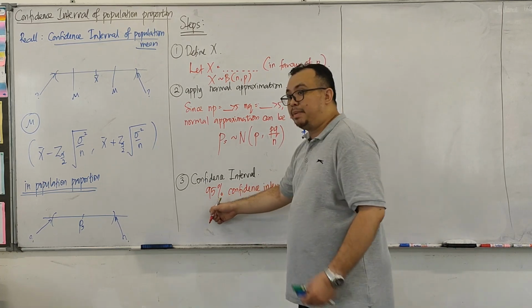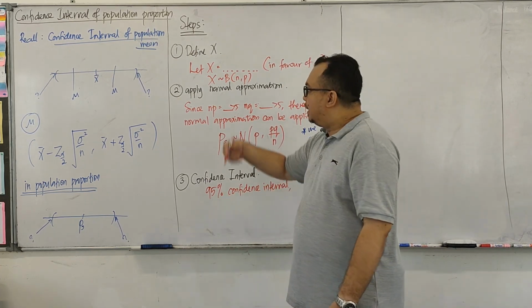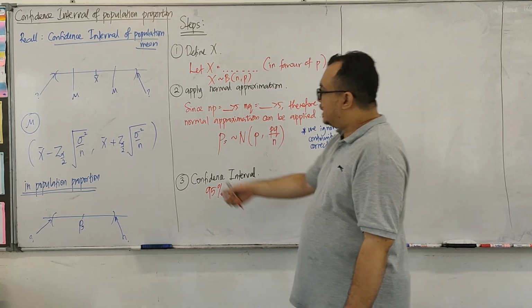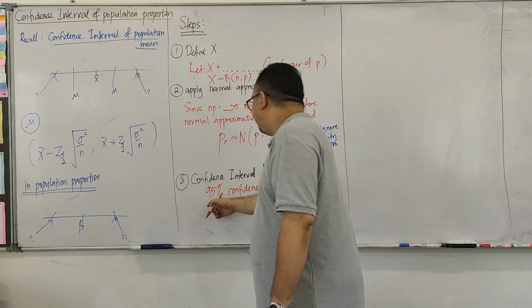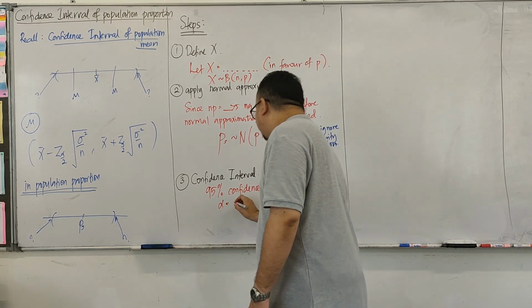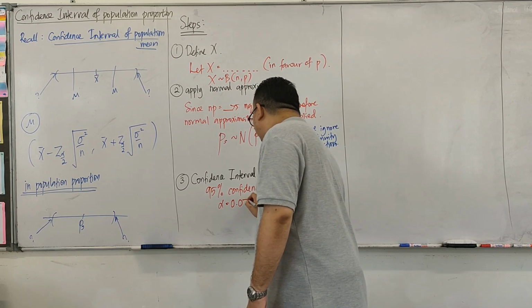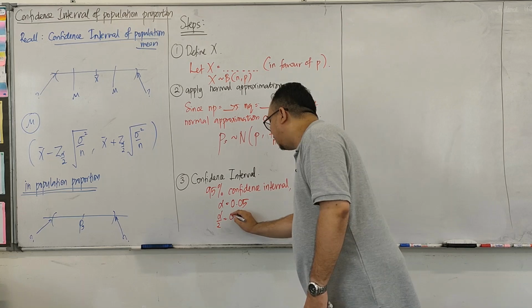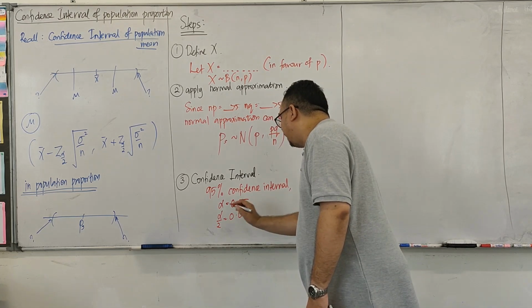So if 95% confidence interval, the process is the same like your population mean, the same like before. So 95% confidence interval, your alpha is 0.05. Therefore, your alpha over 2 is 0.025.